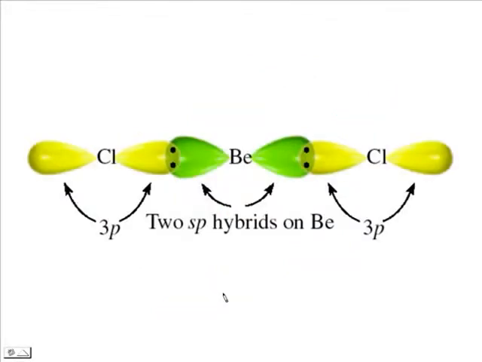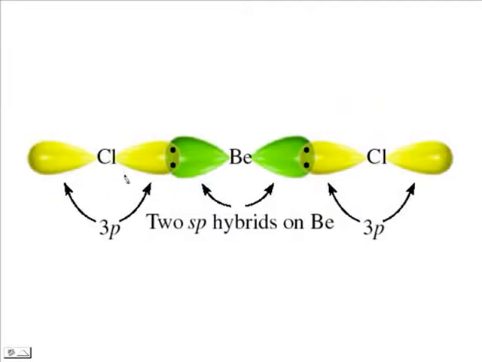Here's another example just to show you different combinations. Here we have BeCl2. This is similar to a molecule that I went through in the geometry exam PowerPoint narration, where you have some sp hybrids for the beryllium, but then the chlorine, whose configuration ends in 3p5, just needs to share 1 electron.